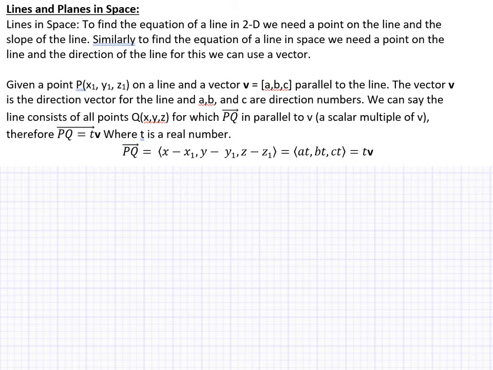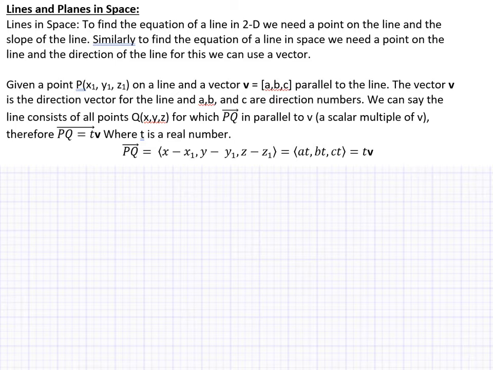We're going to use a set of parametric equations to define our line as opposed to a single equation. We can actually do this in both 2D and 3D space, so it can go for both dimensional spaces, but we really need it for 3D space.